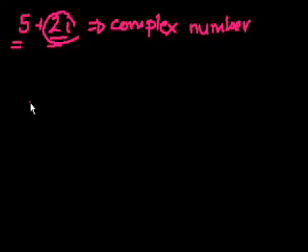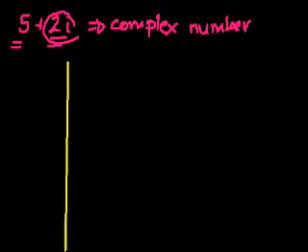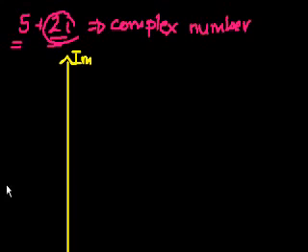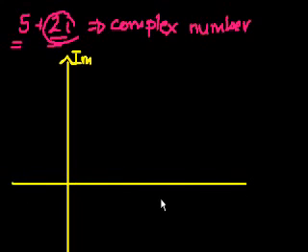And you could, if you want, even graph a complex number. You could make the vertical axis the imaginary axis, and you could make the horizontal axis the real axis. This is a symbol for the set of real numbers.